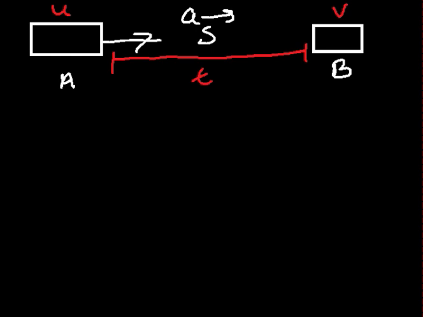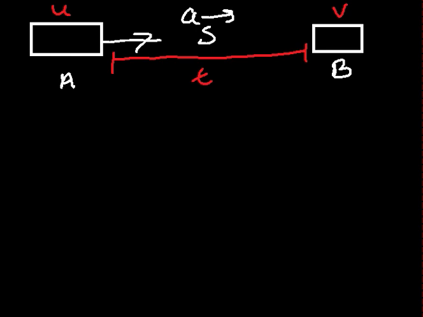So with these 5 parameters, we can analyze the motion of the object at whichever point, provided the acceleration is constant. We can find the distance traveled, the velocity at any point, and other quantities. But for now we just concentrate on how we can derive the equations that can be used to analyze the motion of this particular object.